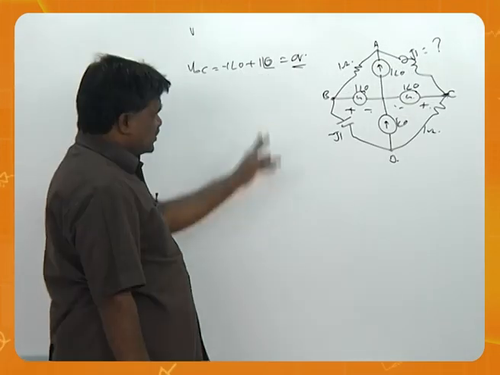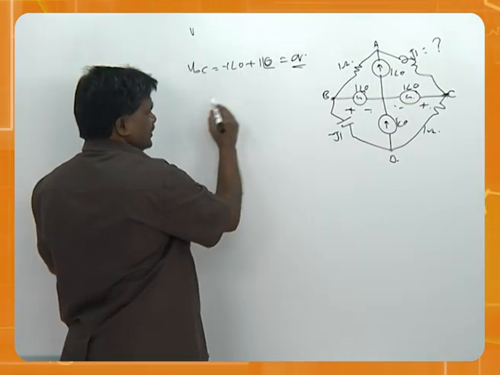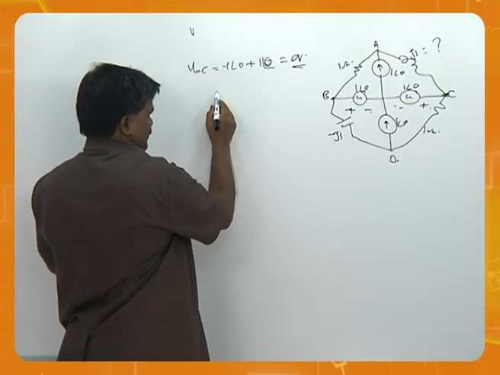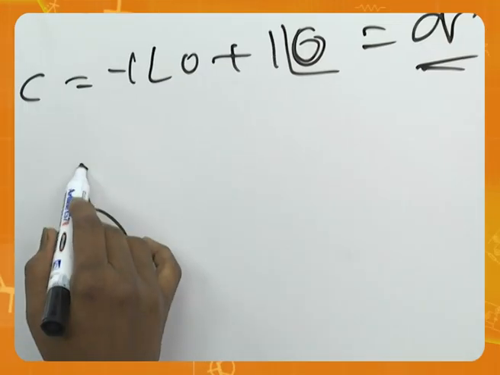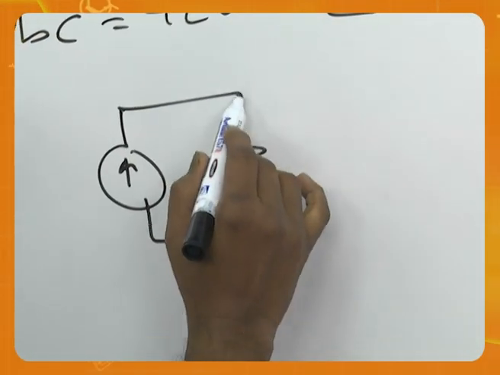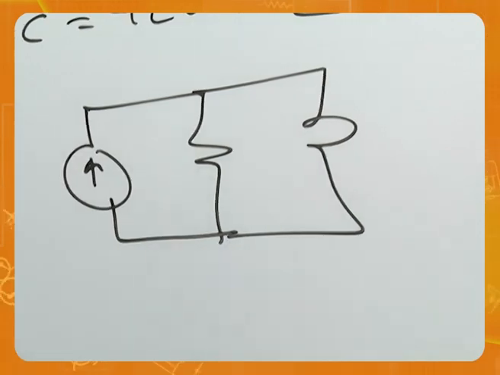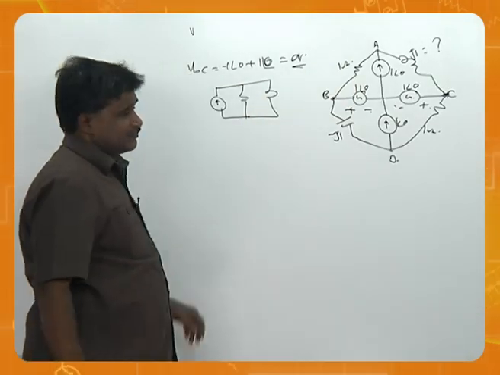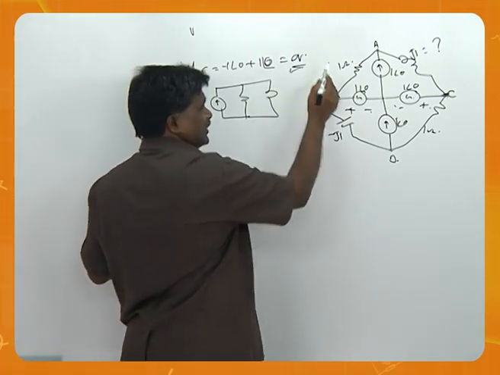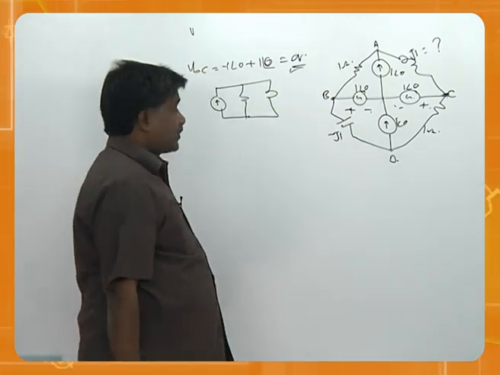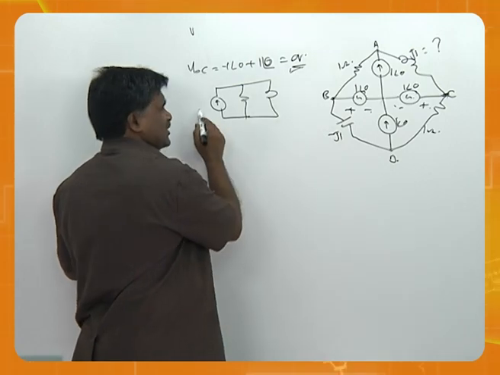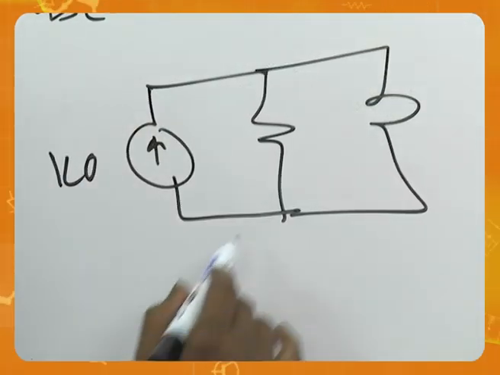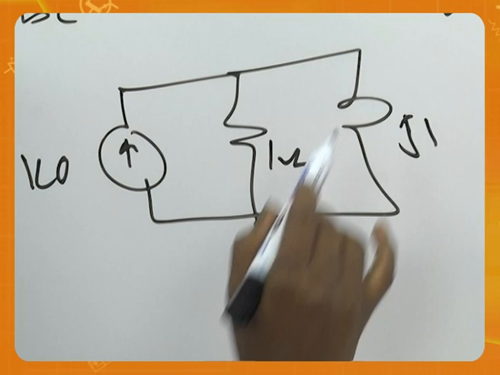So can I draw the equivalent for this? The equivalent is going to be like this. For example, here is a current source, here is a resistor, here is an inductor. So simple. Such a big circuit I have brought into a very simple circuit by just understanding that the voltage is 0. And when you see this voltage 0, you can say the current is 1 angle 0 here, 1 ohm here, j1 here.